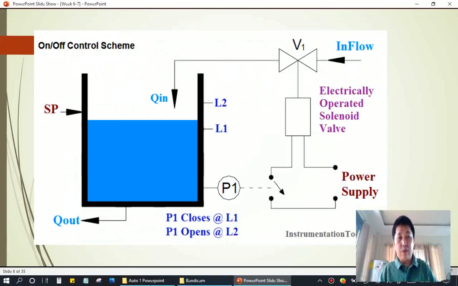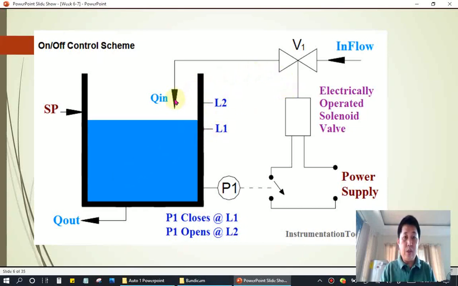Next, we have the on-off control system scheme that uses the water level of a tank. We have the set point, and the start level switch L1 and start level switch L2.